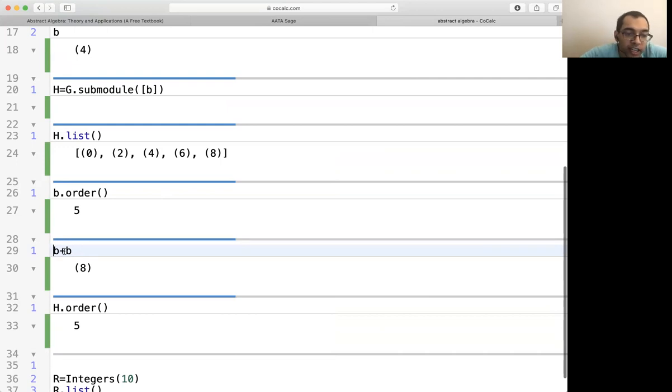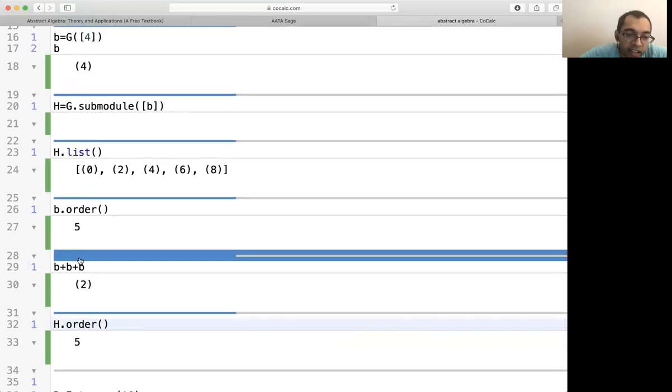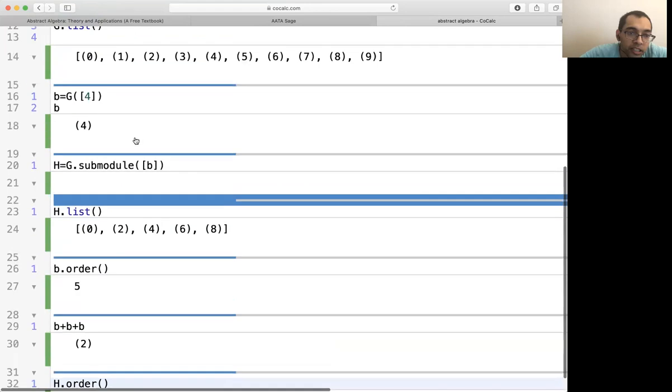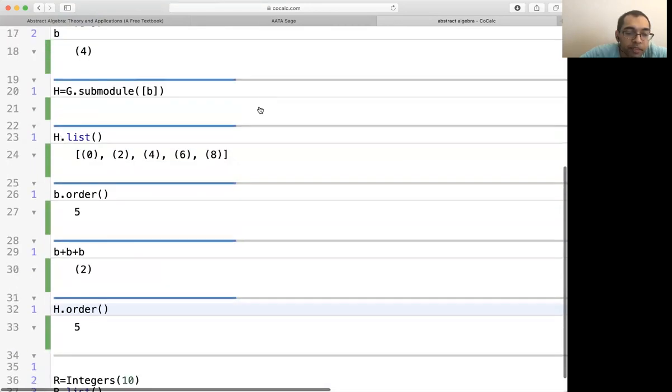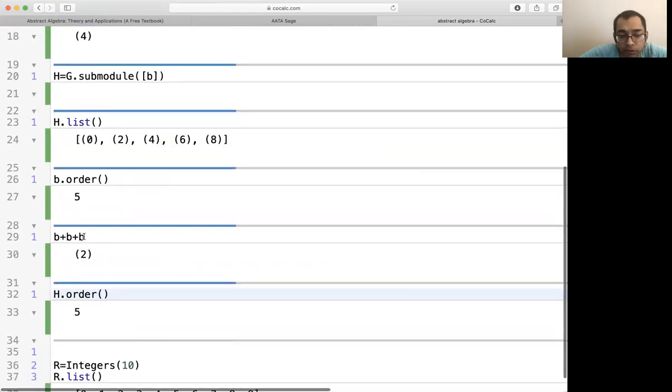You can also just do regular addition in this group. Let's make things more interesting by adding a third instance of B. And so B plus B plus B is indeed 2, because 4 is what B is as an element of this group of integers mod 10. And so 4 plus 4 plus 4 is 12, and then mod 10, that's 2.